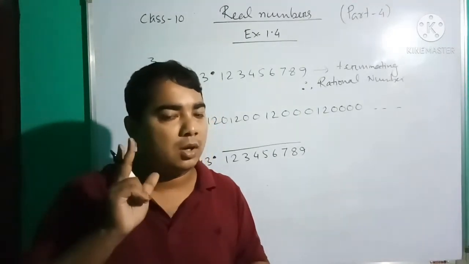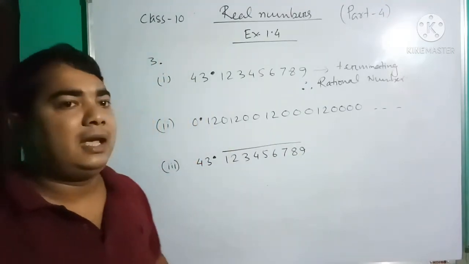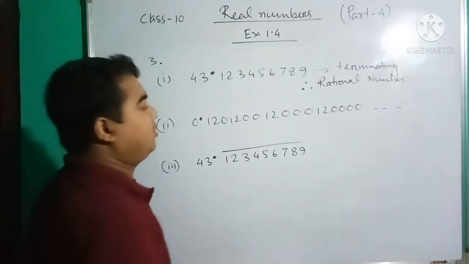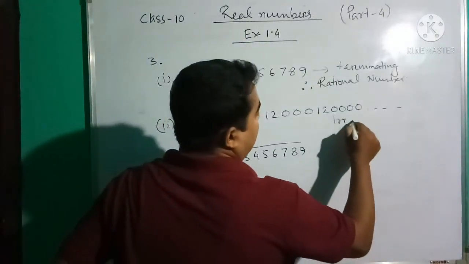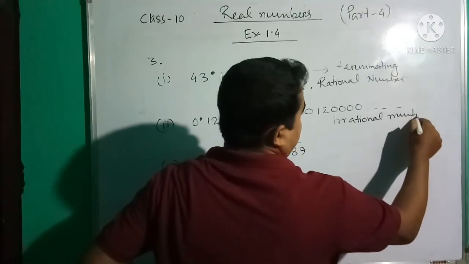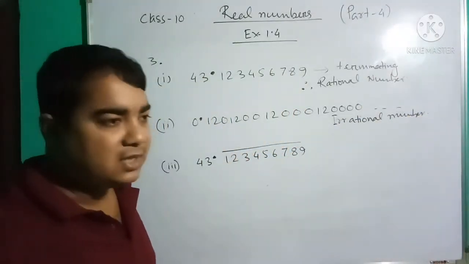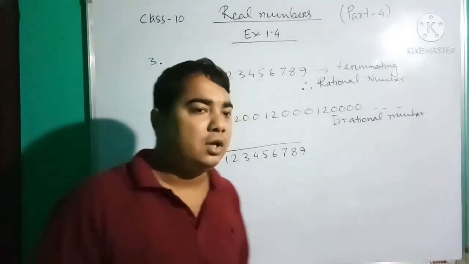This is not a rational number property. Therefore, we can say it is an irrational number. Why? Its decimal expansion is non-terminating and non-repeating.